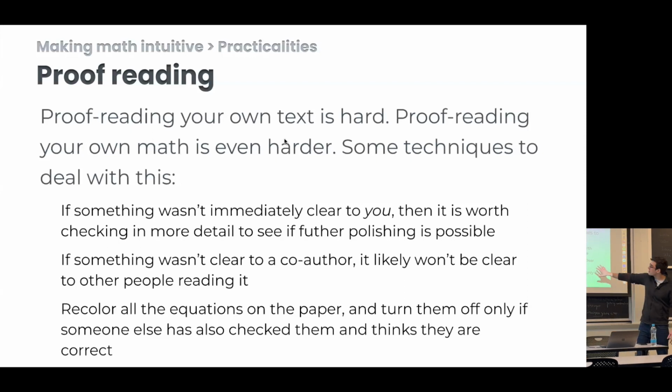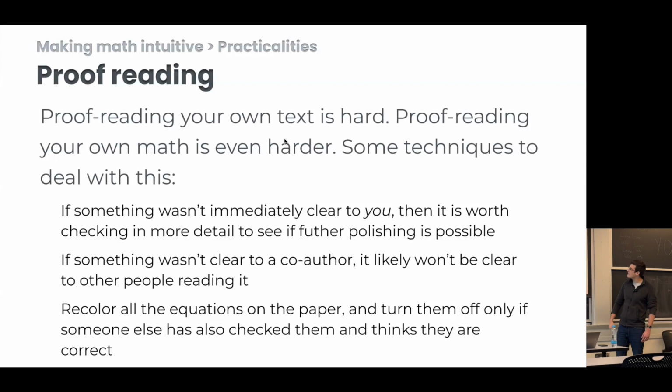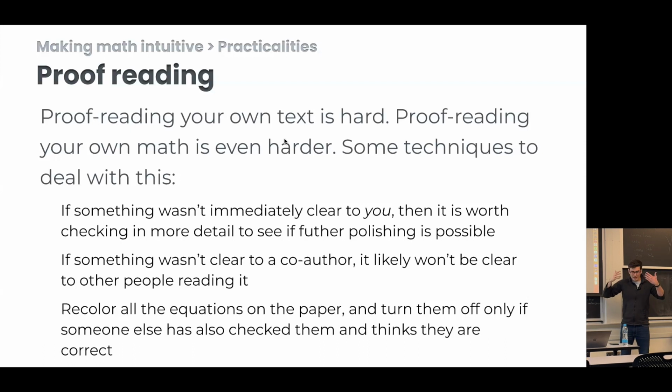And then another one, which is a bit more practical, but I think it's quite cool. My master's advisor uses this, and I think it's very interesting. Proofreading your own text, or proving your own math, is quite hard because you wrote it, so you know what you're expecting, and it's very easy to gloss over tiny things like indexing errors in sums.